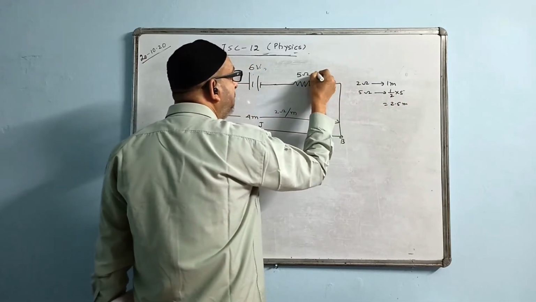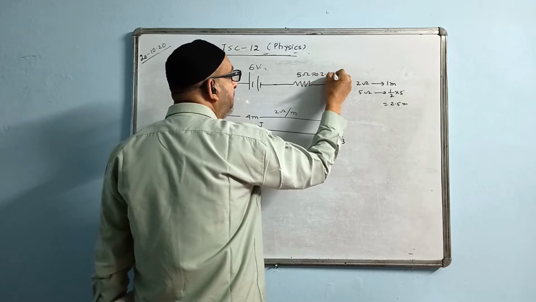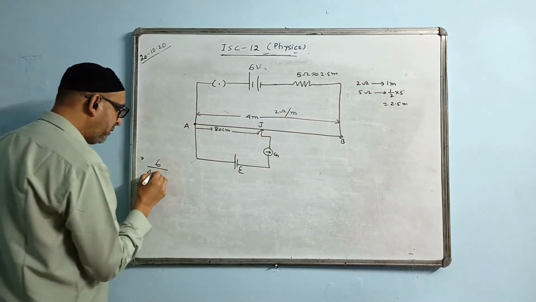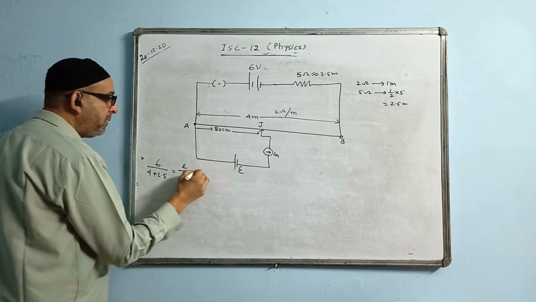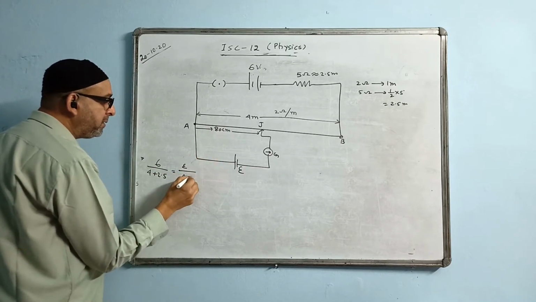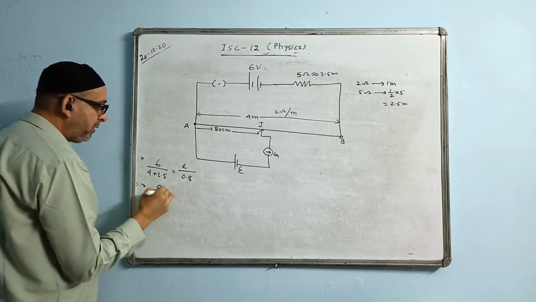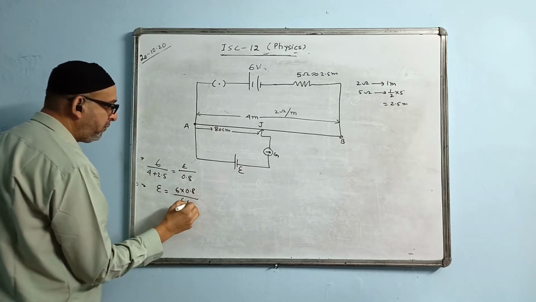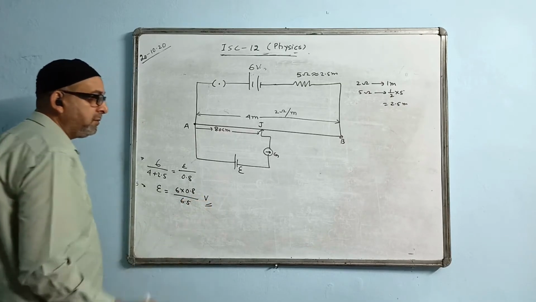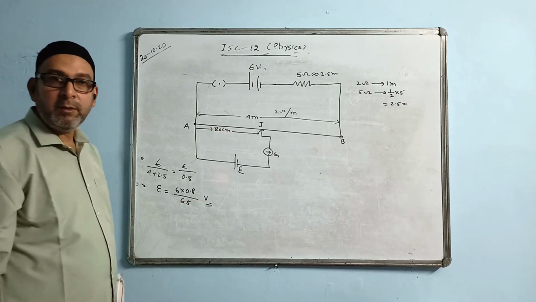So the equivalent length is 2.5 meter, which we also take into consideration. The EMF is E. 80 centimeter changes to 0.8 meter. Now you calculate the answer: 6 into 0.8 divided by 6.5. Finished. That's simple.